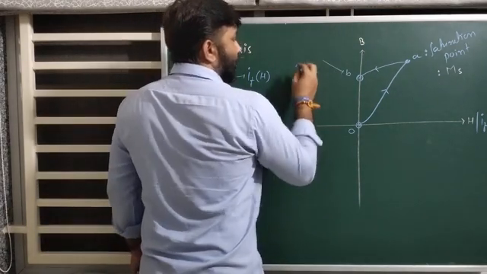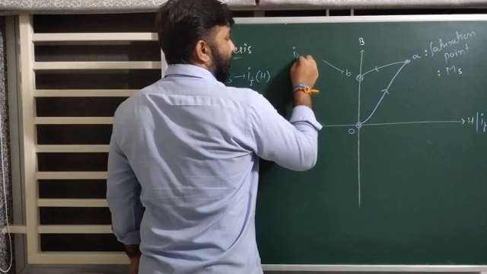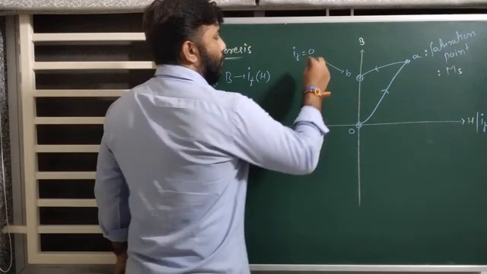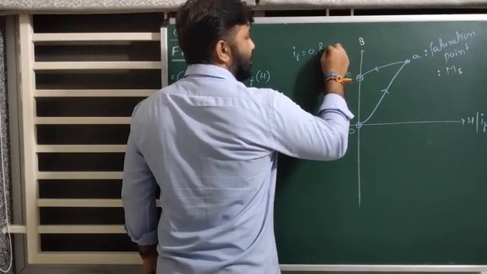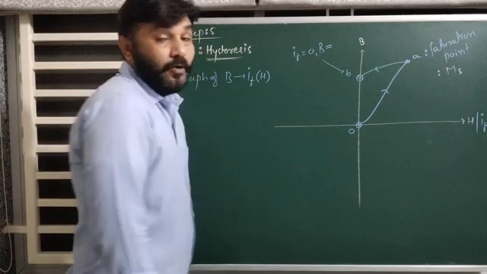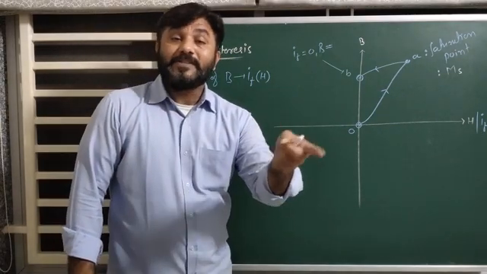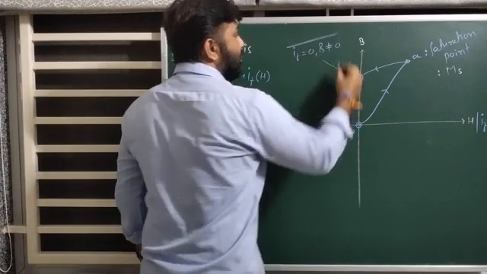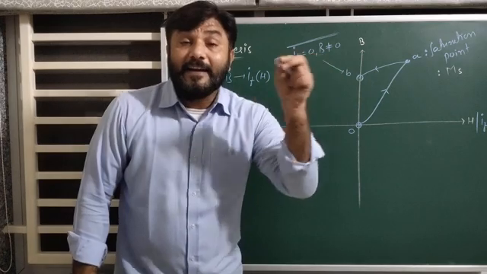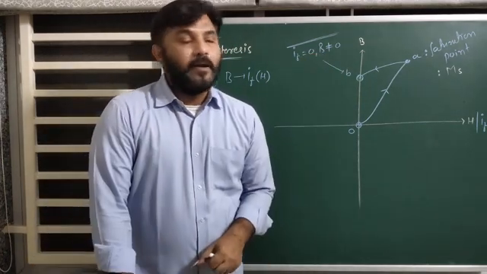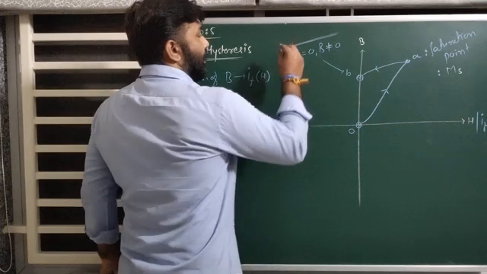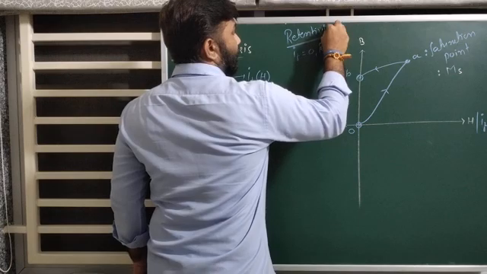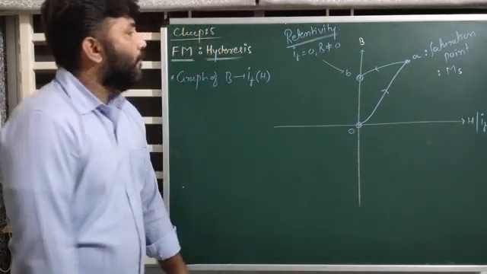So at this point, IF, the electric current passing through the solenoid, becomes 0, but the magnetic field produced inside the material is not 0. What does it mean? It means the magnetic field is retained inside the material. So this point B is known as the point of retentivity. Clear?